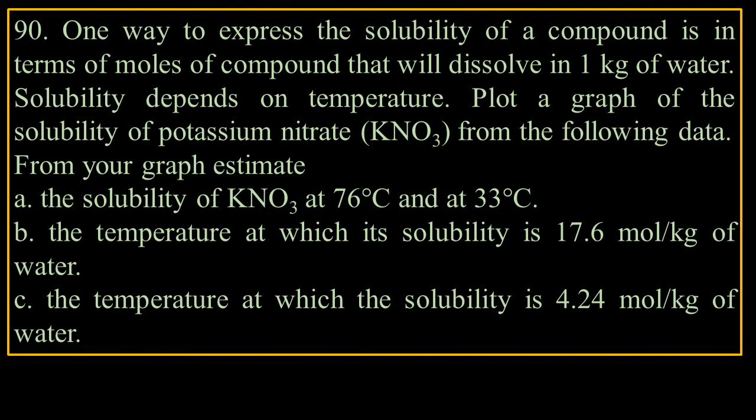One way to express the solubility of a compound is in terms of moles of compound that will dissolve in 1 kilogram of water. Solubility depends on temperature. Plot a graph of the solubility of potassium nitrate from the following data. From your graph, estimate A, the solubility of potassium nitrate at 76 degrees Celsius and 33 degrees Celsius.